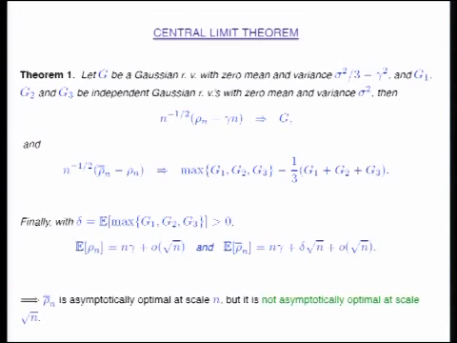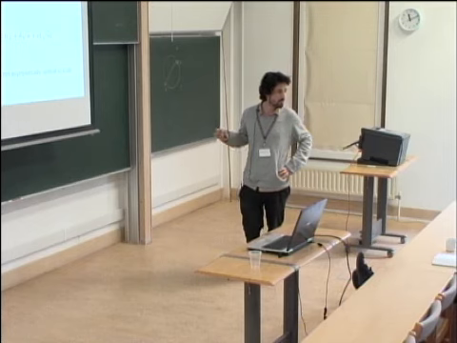You can also prove that this weak convergence is uniformly integrable, so that if delta is the expectation of the max of 3 random variables, the expectation of the optimal load scales like n gamma plus something which is little o of square root of n, but the expectation of the suboptimal load, rho bar n, scales like n gamma plus delta square root of n plus something.